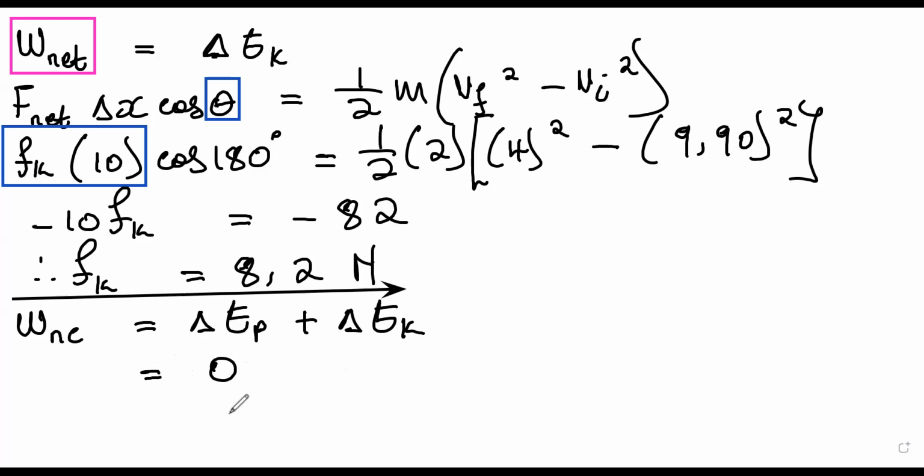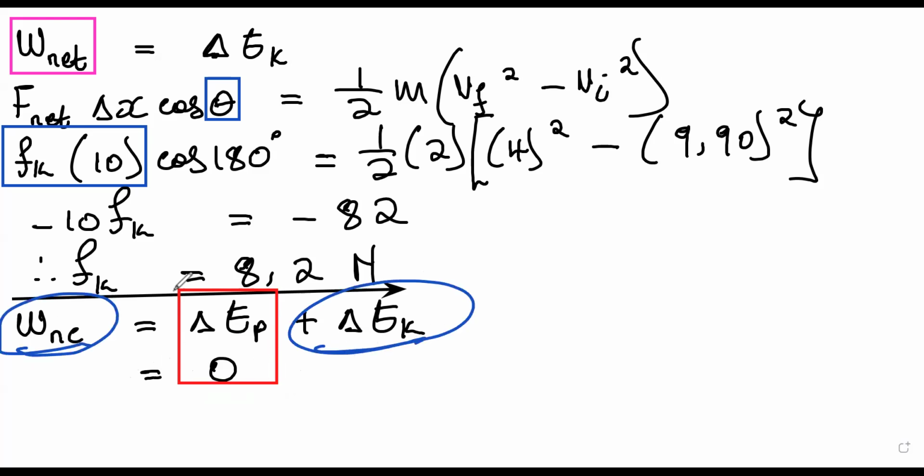But since it's moving on a horizontal track, there is no change in height. And if the height is not changing, then the potential energy is not changing either. So once again, the work done by the non-conservative force will be equal to the change in kinetic energy. And of course, your non-conservative force, you understand, is the frictional force.